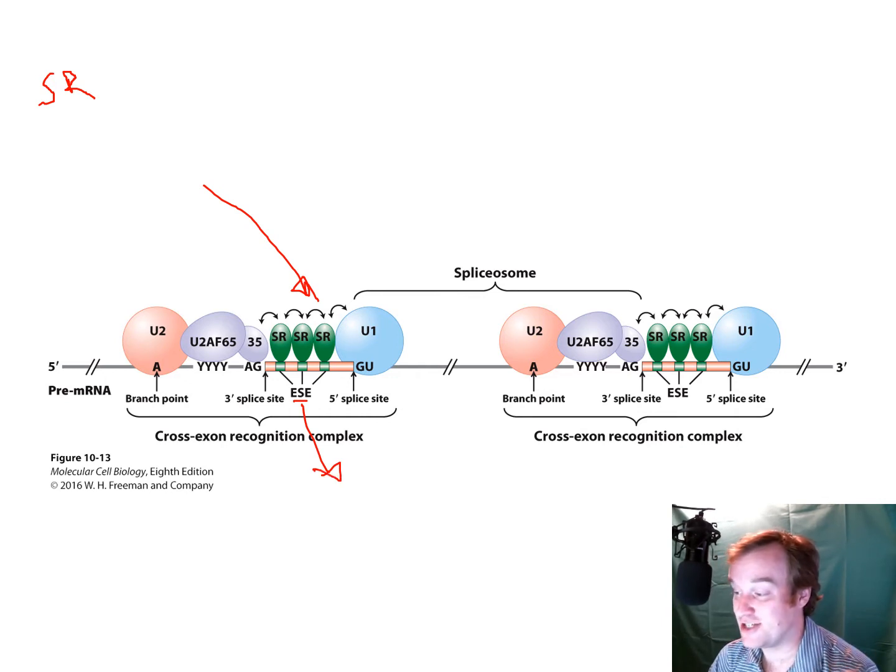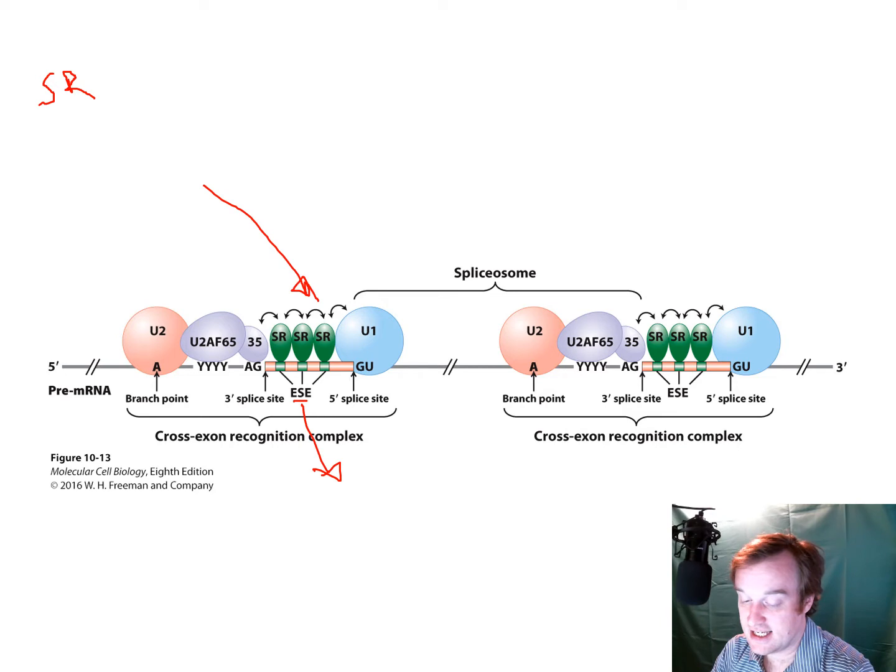And once they interact with these exonic enhancer sequences, they are able to bind and bring in U1 and U2 to the proper splice site as well as to the branch point.